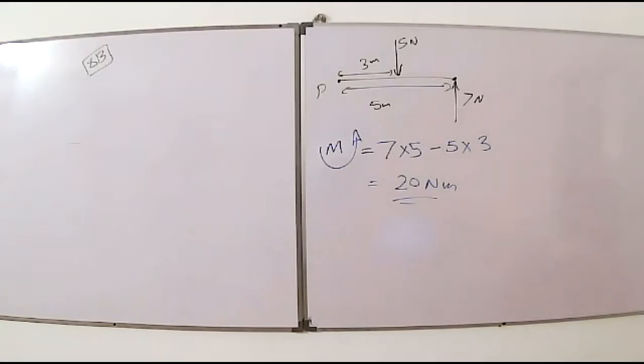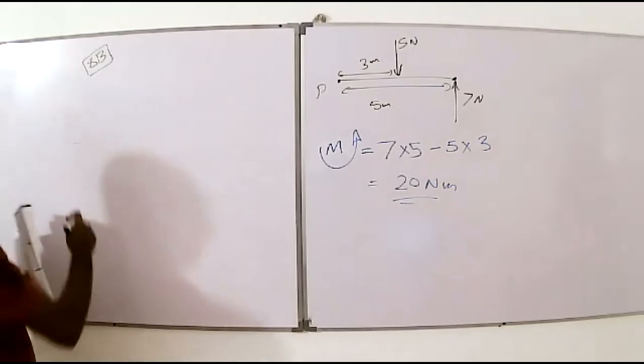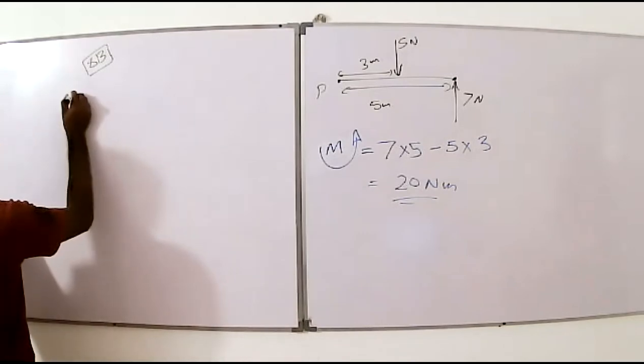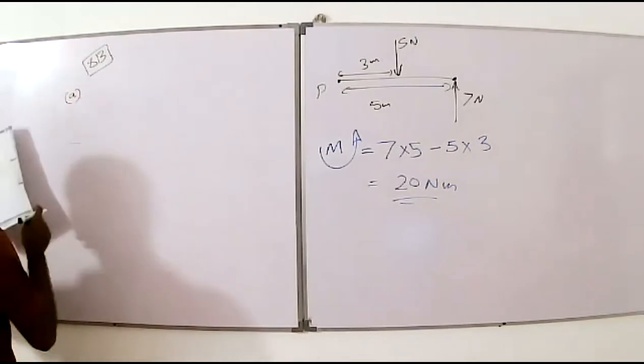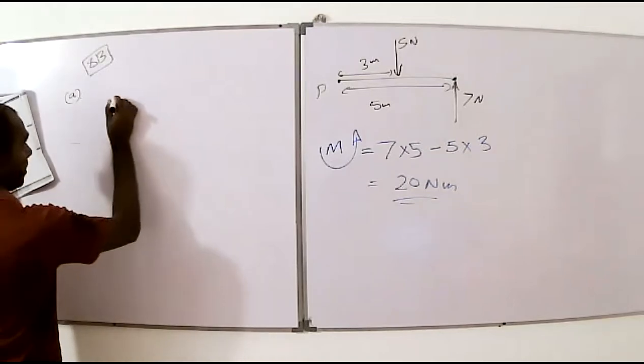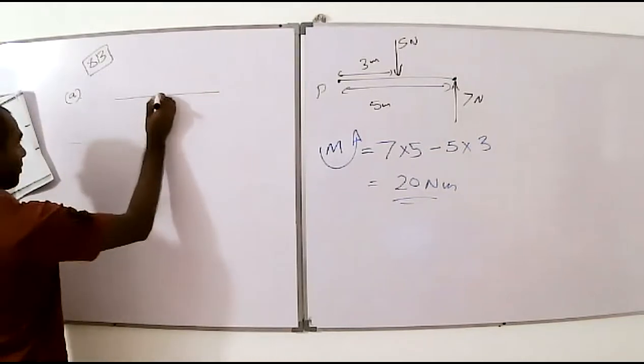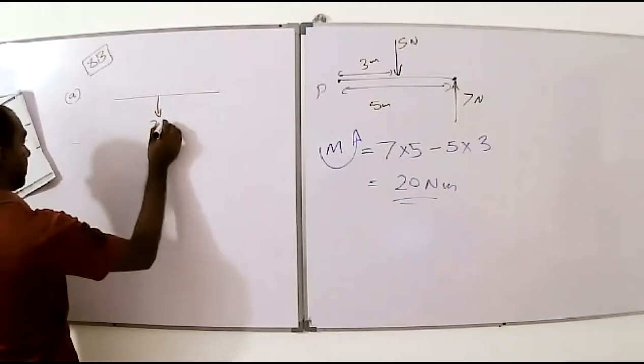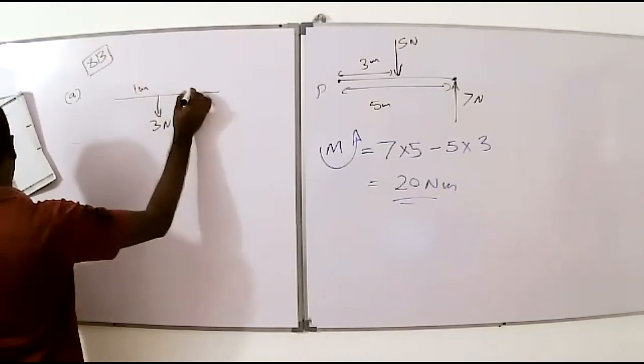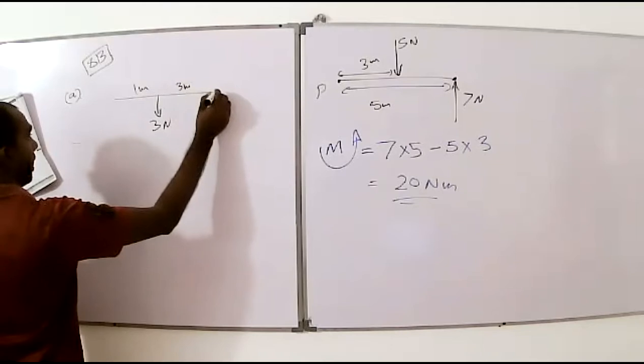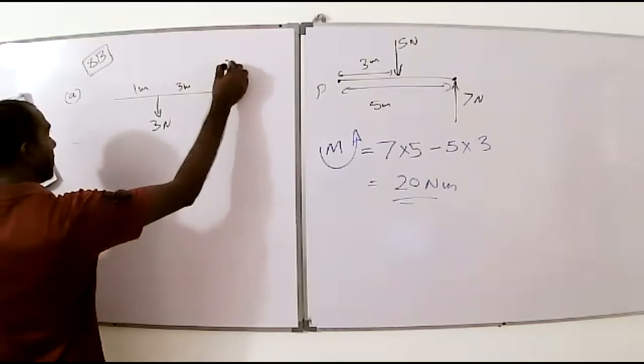Part A. The diagram shows the sets of forces acting upon a light rod. In each case, calculate the resultant moment around P. Easy. Let's do them. Please comment if you can't understand any. For the first two only, I will draw some force diagrams. 3 newtons, 1 meter, and this is 3 meters and 2 newtons.